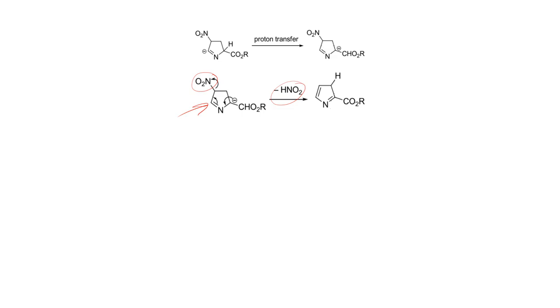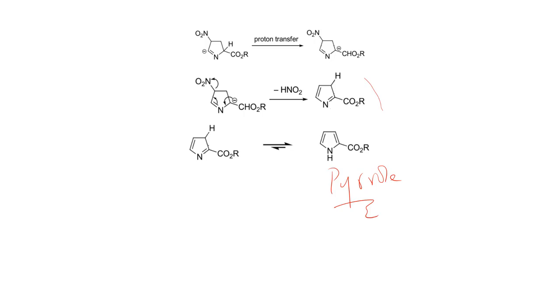So in the next step, through tautomerism, it will be converted into pyrrole. If we talk about these two structures, they are the same, just different on the basis of this hydrogen atom at this position. It is at first position, and here it is at third position. But this one is much more stable than this one.